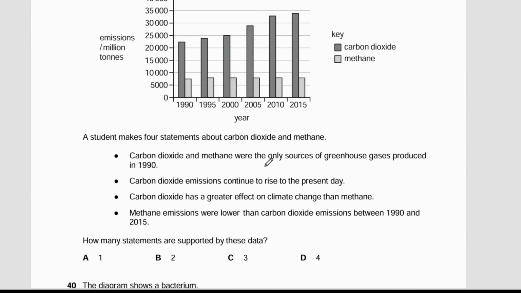Okay, a graph is given, and a student makes four statements about the carbon dioxide and methane. So this one is carbon dioxide and this one is methane. Over the years, the methane concentration is almost the same, but the carbon dioxide concentration increases. So which statements support the data? Carbon dioxide and methane were the only sources. Carbon dioxide emission. Okay. So we are saying this is true.